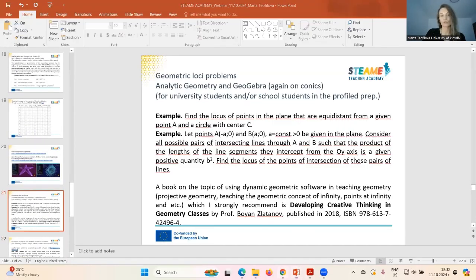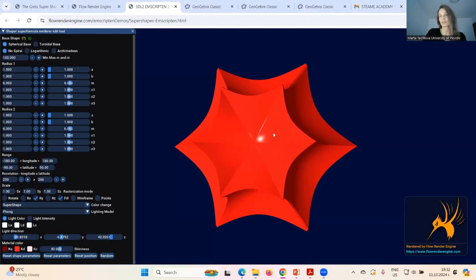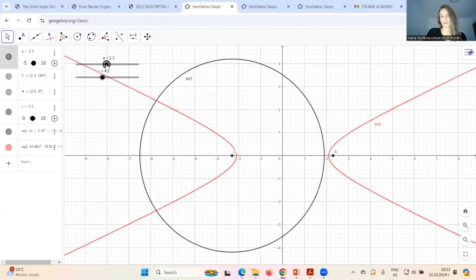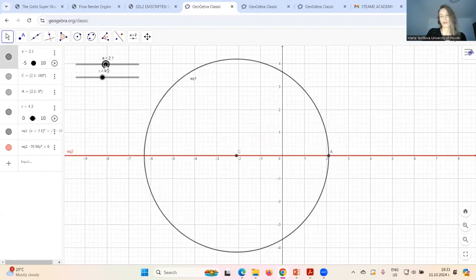And you can solve this problem in a Cartesian coordinate system, and draw the solution given with analytical formulas. You can generate the solutions in dynamic geometry software like GeoGebra or Desmos.